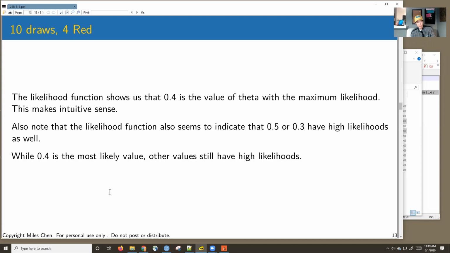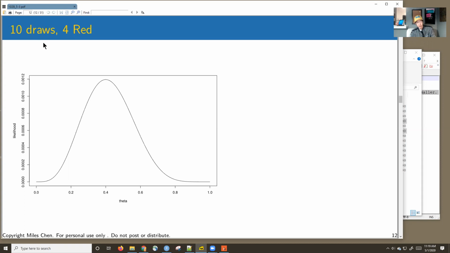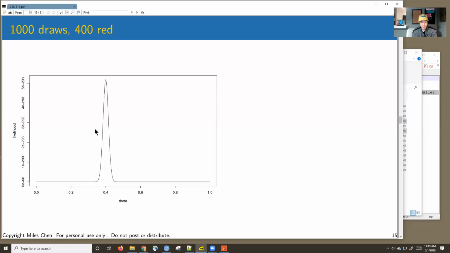But what we see is that with only 10 observations total, a lot of other values are highly likely: 0.2, 0.3, 0.4, 0.5, 0.6, and everything in between, because theta takes continuous values. This is what it looks like. Whereas over here, there's a much tighter band of plausible values for what theta could be.